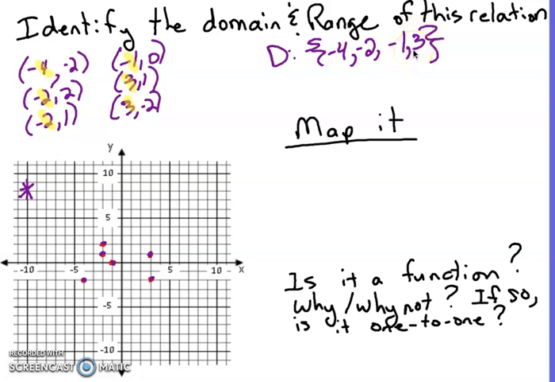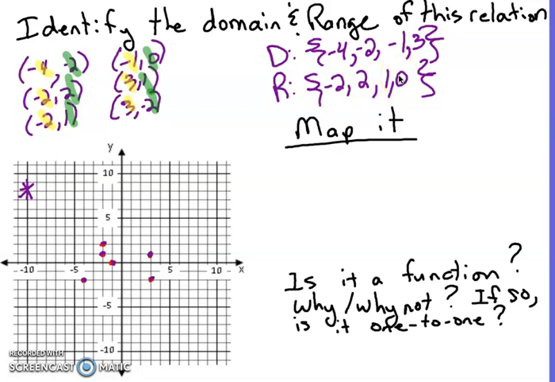So that would be the set of domain. The range, again, braces, is the set of outputs. The y's. And so we have -2, 2, 1, and 0. Remember, you don't want to repeat the numbers.